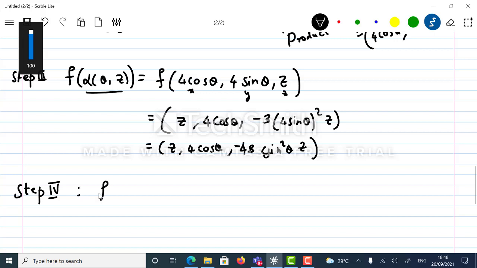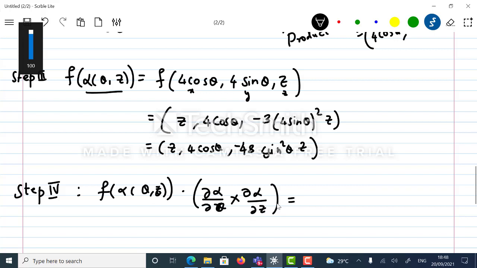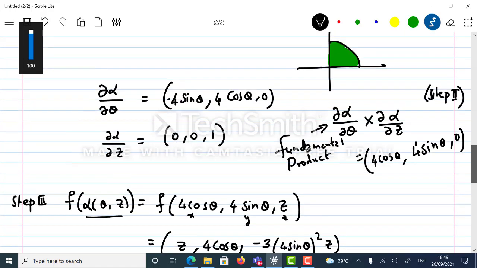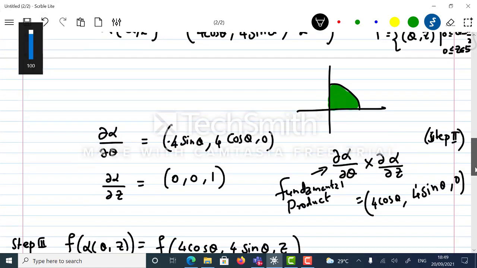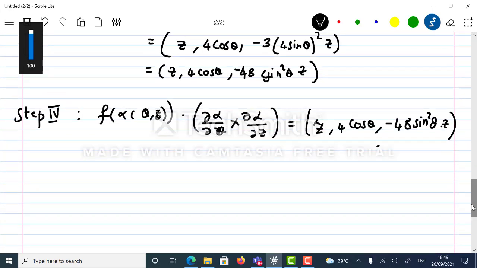So let's find out f of alpha theta comma z dot product with dou alpha by dou theta cross dou alpha by dou z, and that is z comma 4 cos theta comma minus 48 sin square theta z dot product with the fundamental vector product 4 cos theta, 4 sin theta, 0.